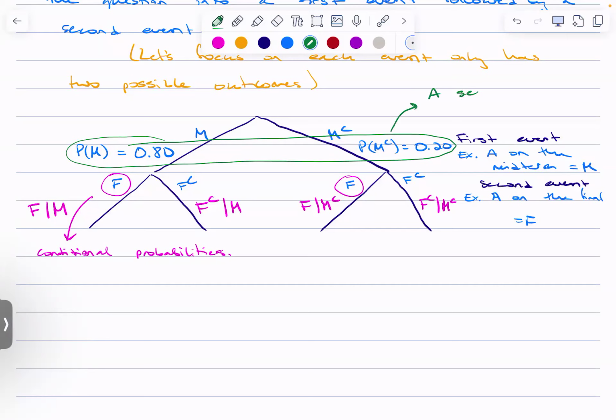I'll call it a set of branches must add to 1. So you can have more than 2 outcomes, but for simplicity, we're just considering 2 for each.